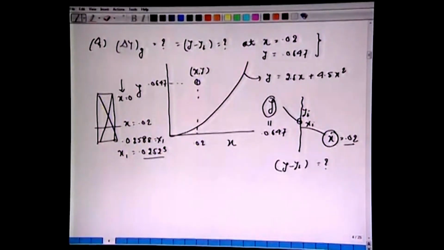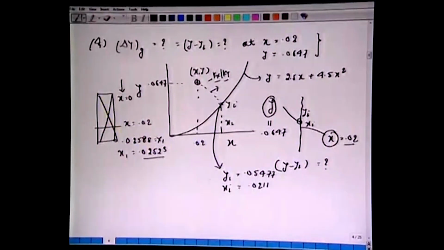So, we are supposed to get yi, so that we can calculate y minus yi. So, what do we do? All we do, we draw a line with the slope minus kx over ky. The values of kx and ky are given to us. We take this line on this graph, and it intersects the curve here at yi and xi. These coordinates, if you do it graphically, will turn out to be yi equals 0.05477, and xi will turn out to be 0.0211.